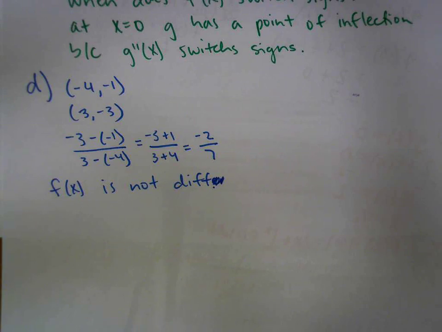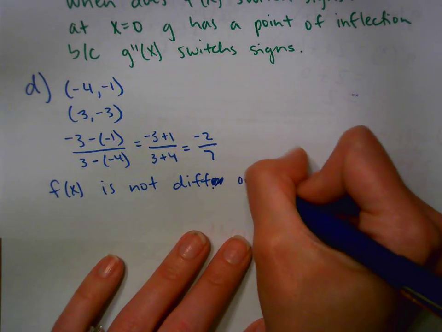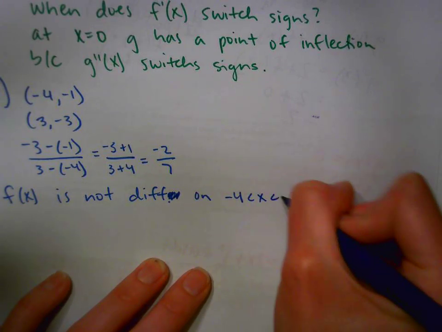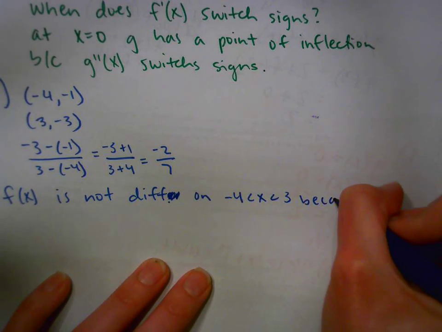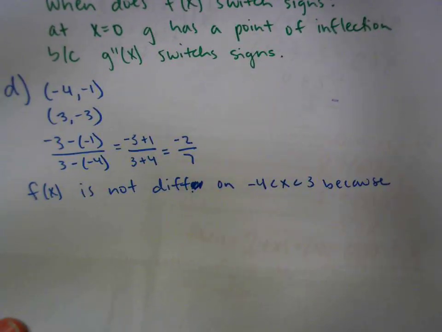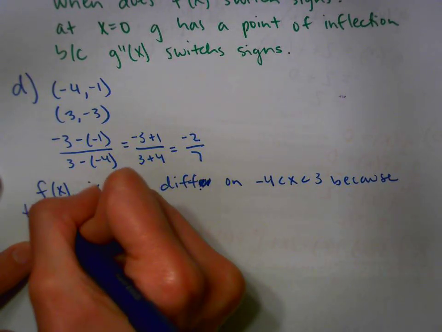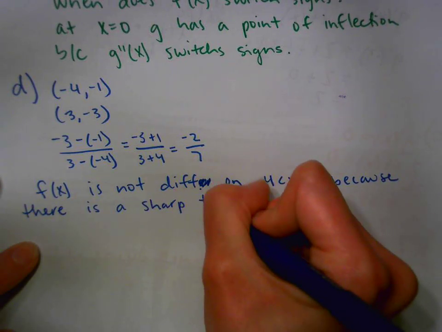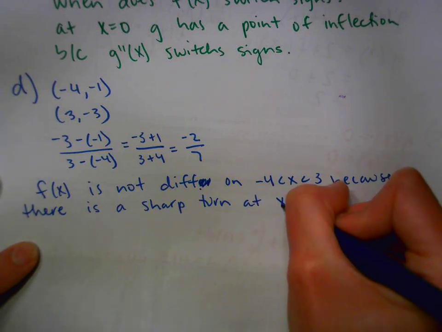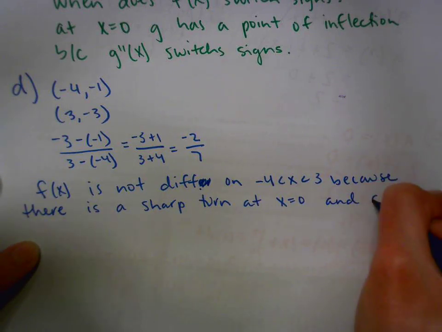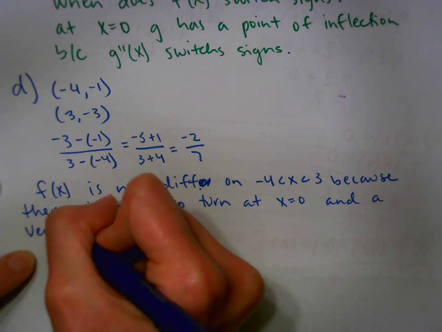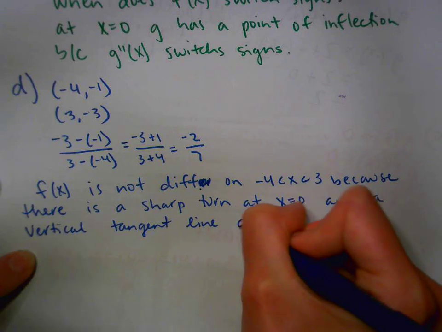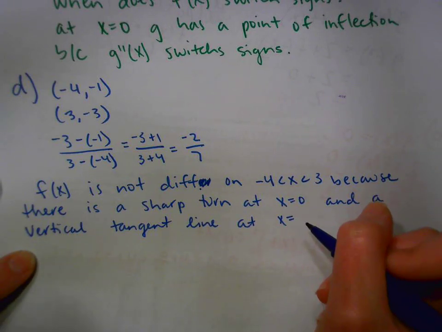F of x is not differentiable on the interval, which is from -4 to 3, because there is a sharp turn at x equals 0 and a vertical tangent line at x equals, what is that, -3.